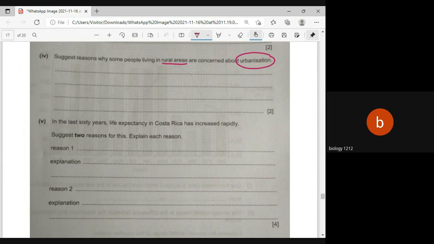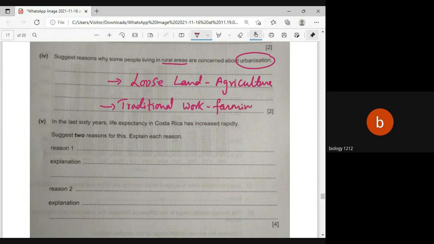So as the factories are moving, the village people will lose land for agriculture. The next one is they lose their traditional work, like farming, or any other thing related to the agriculture. So these are the 2 points for the reason that the people living in the rural area.